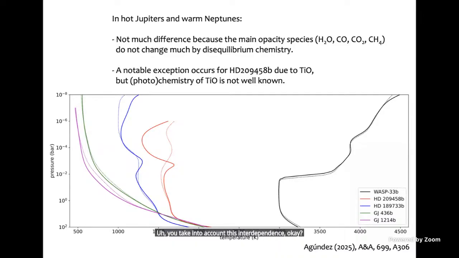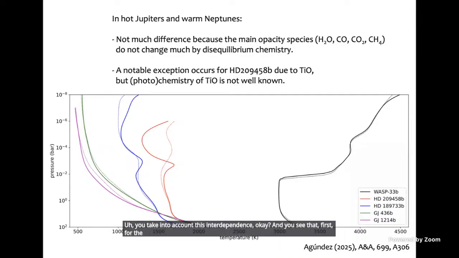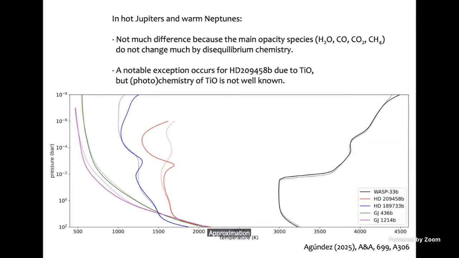You see that for the ultra-hot Jupiter there is almost no difference, and this is expected because the chemical composition is already in chemical equilibrium. So chemical equilibrium is a very good approximation to compute the temperature, and you don't have to worry about this. When you go to cooler planets, the differences are not very large, at most 100 Kelvin.